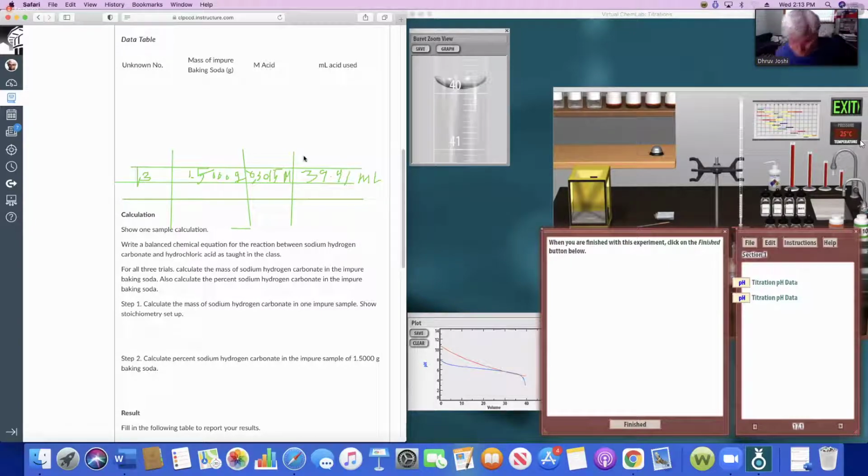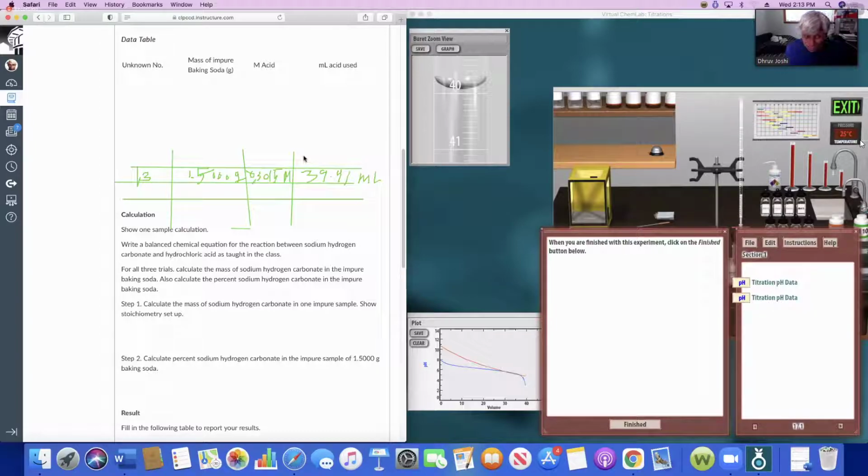And first you are going to write the solution map. And then you are going to do the dimensional analysis, do the stoichiometry. And I have shown you how to do that.